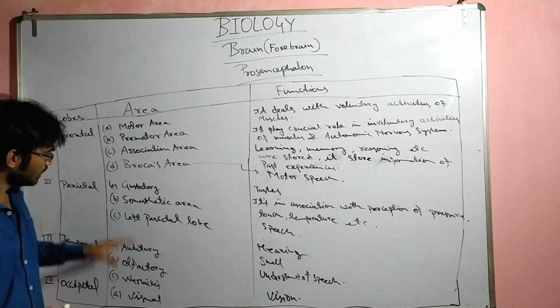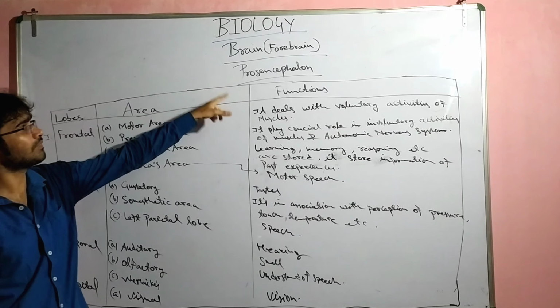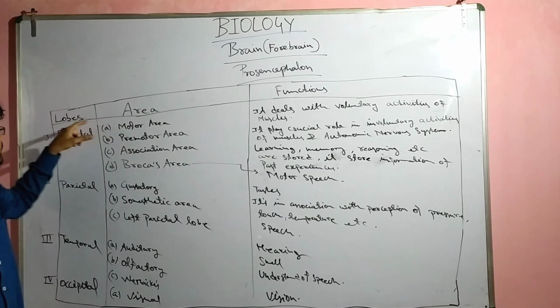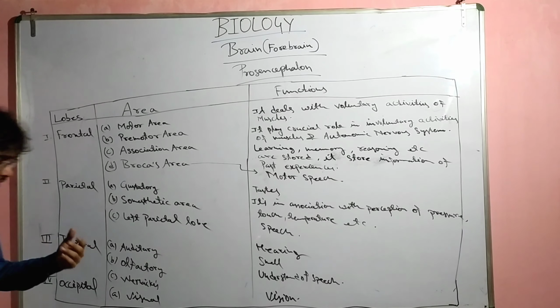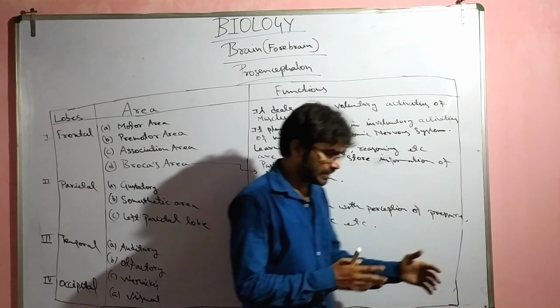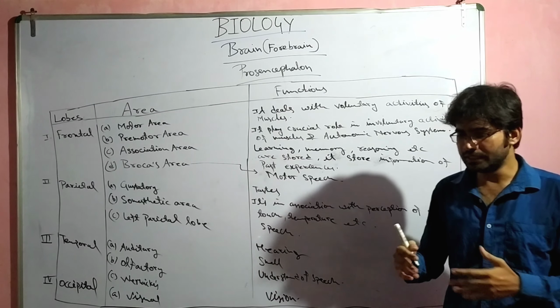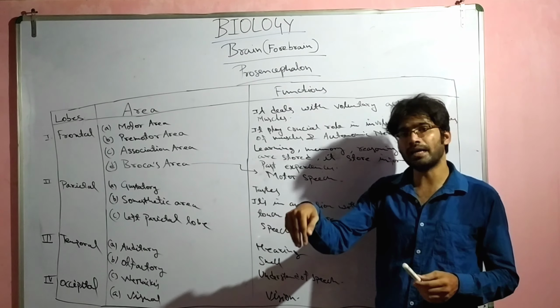So it's all about the prosencephalon and its lobes, areas and functions. One of the students asked me how prisoners die suddenly or instantly when they are hanged.